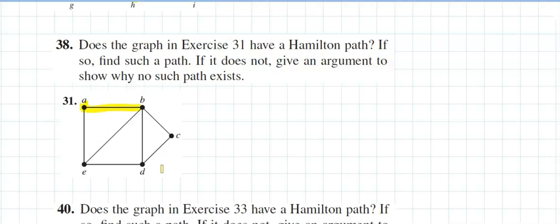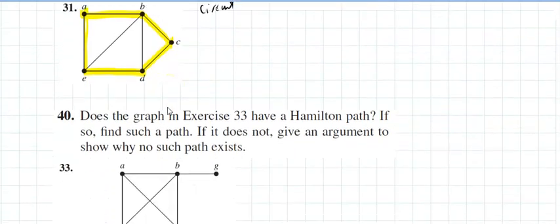So if I run 1, 2, 3, 4, A, B, C, G, and E. It's asking if it has a path. This has a circuit. Okay, but it's asking if it has a path. It does have a path.